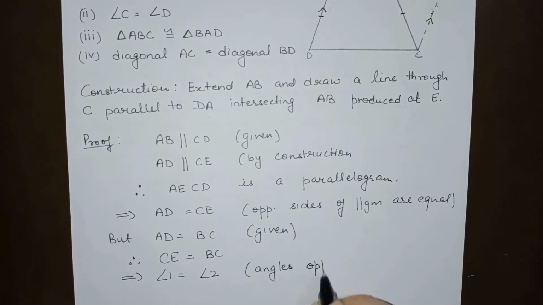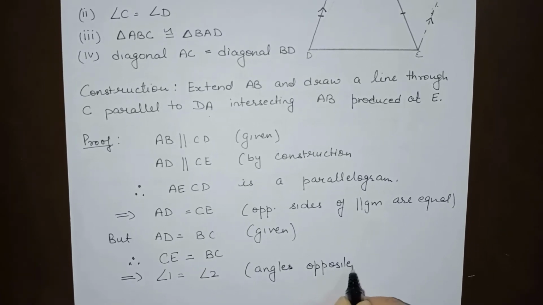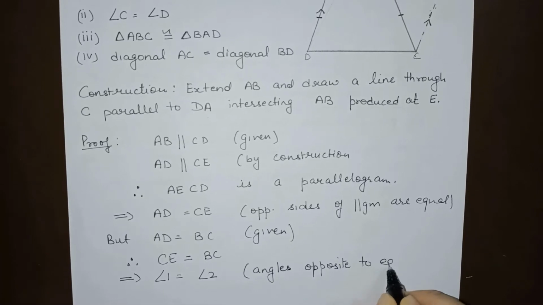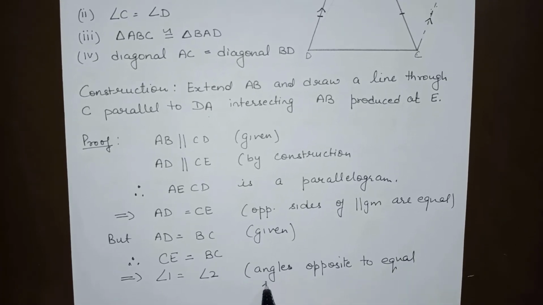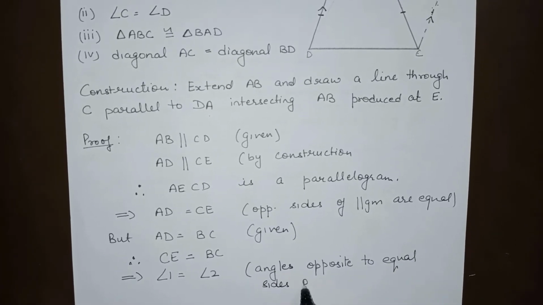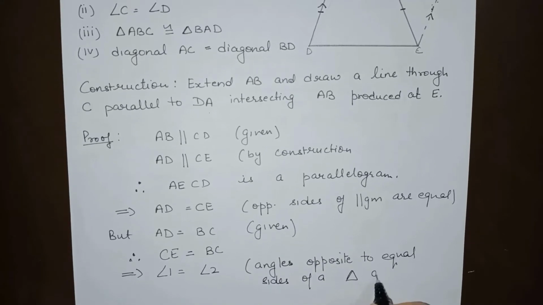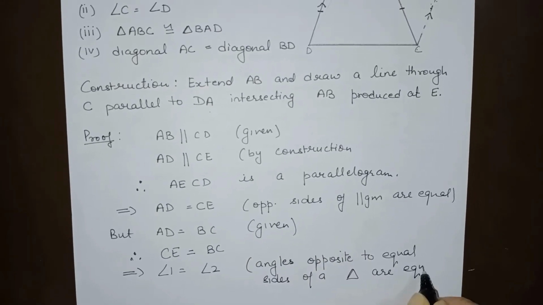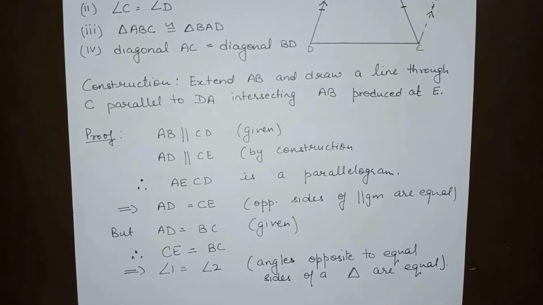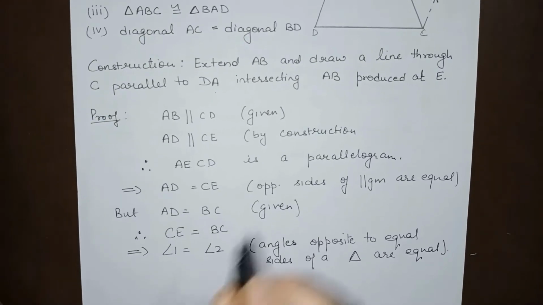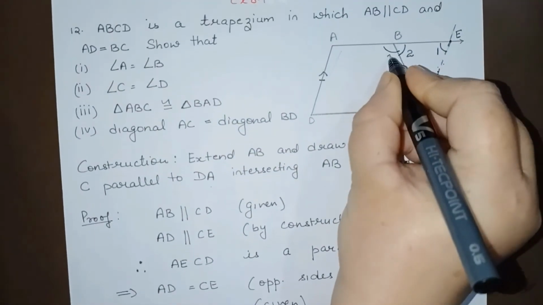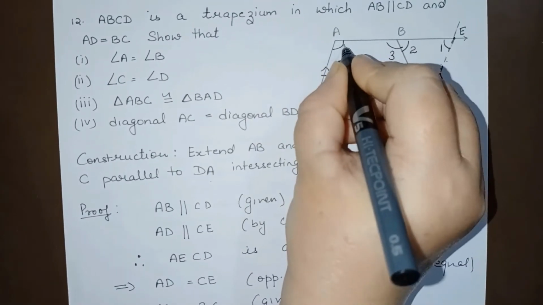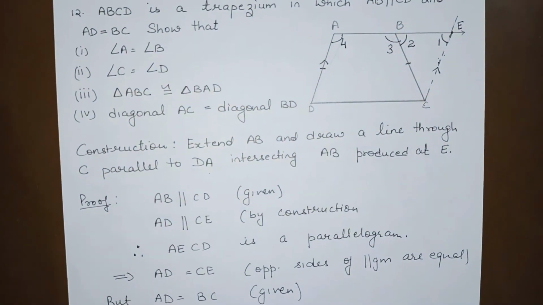Angles opposite to equal sides of a triangle are equal. Now let us take these angles as angle 3 and angle 4.